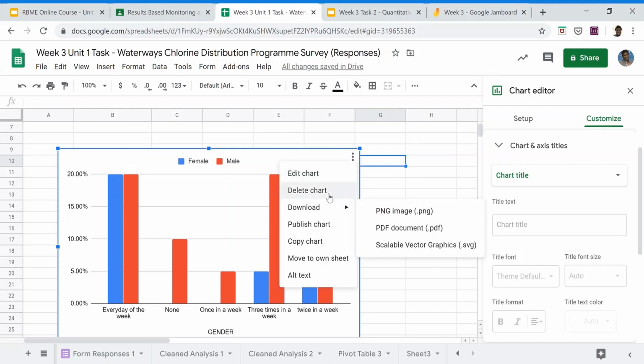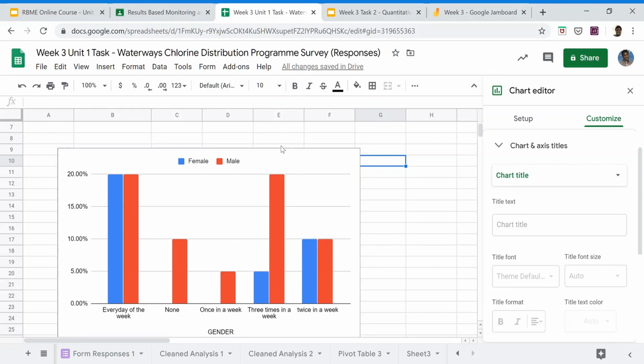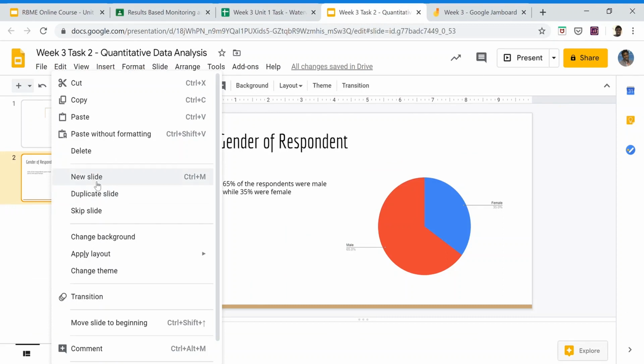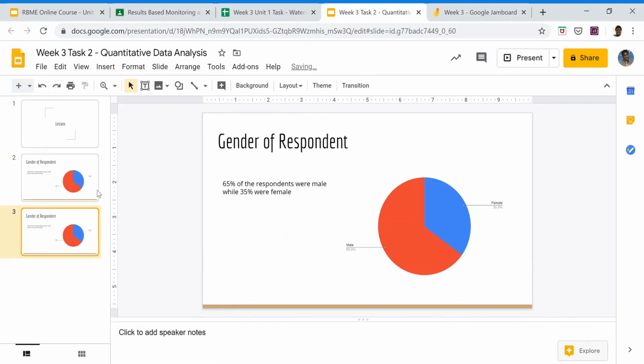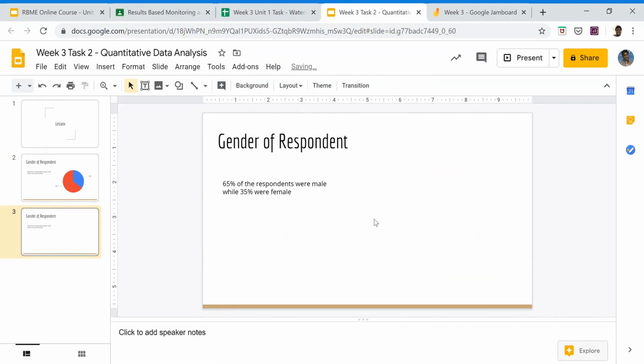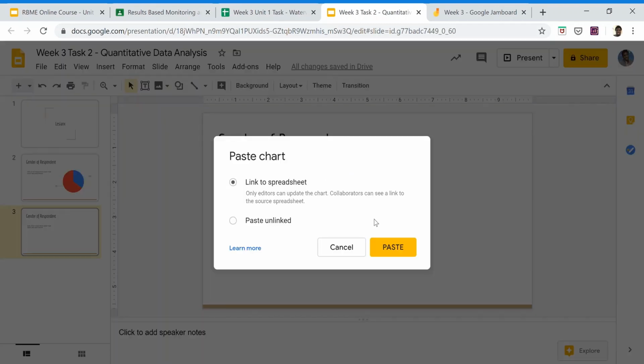Let's copy the chart. I do not want to do lots of. So new slide or duplicate slide. Yep, I could delete this and paste on link.